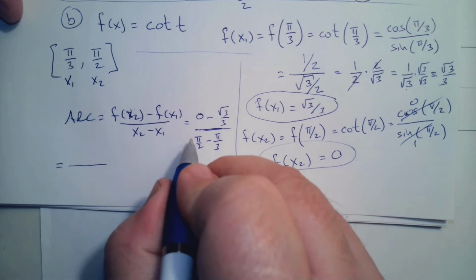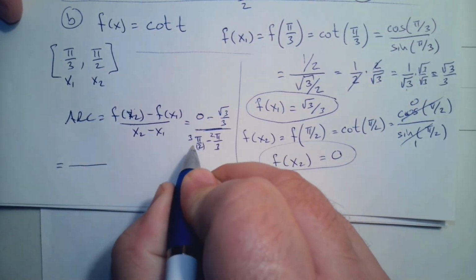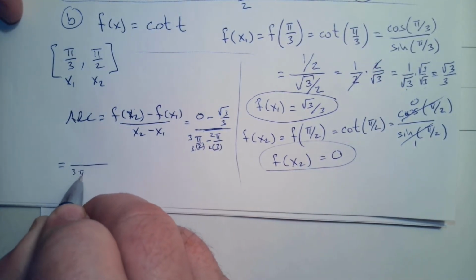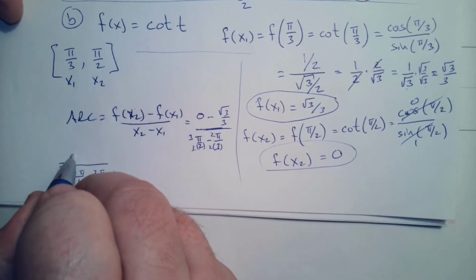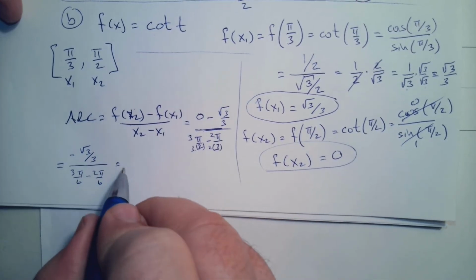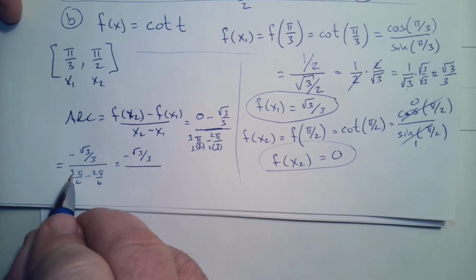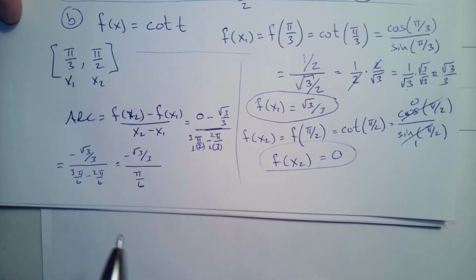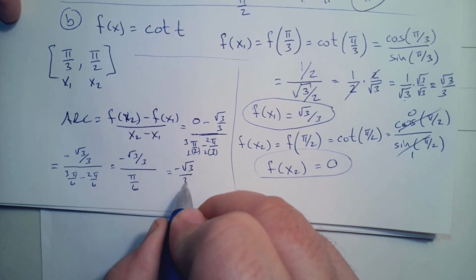We need a common denominator, so multiply this one by 3, this one by 2, and it's over 6. So we have 3 pi over 6 minus 2 pi over 6, and negative radical 3 over 3. They're both the same, so 3 minus 2 gives pi over 6. Negative radical 3 over 3.